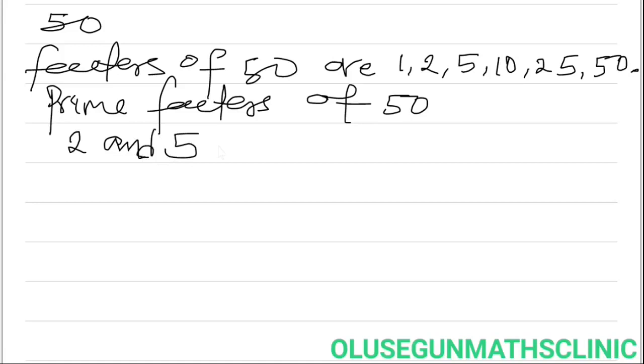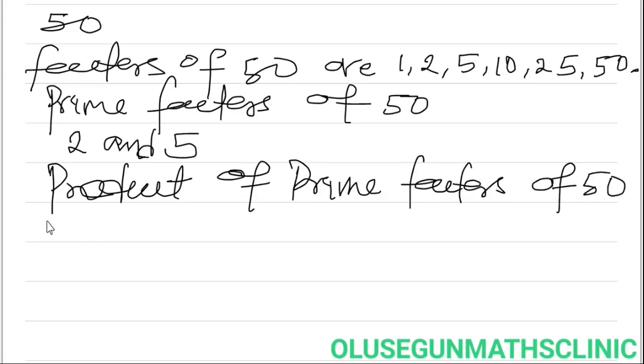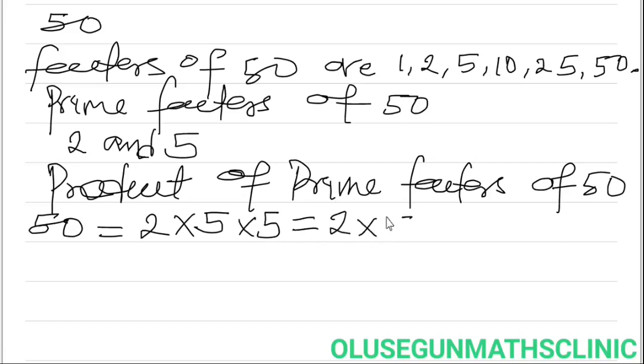They are the prime factors. So the product of prime factors of 50 is 2 times 5 times 5, meaning that it is 2 times 5 squared.